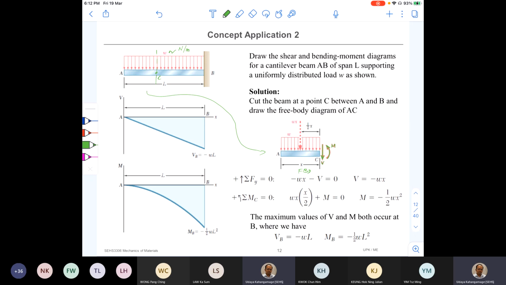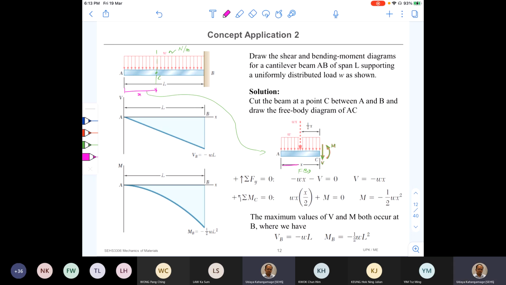Okay, so first thing we need to find out, let's say shear force V. So now, as you can remember in the tutorial class, I mentioned that when there's a distributed load, we are going to replace the distributed load with a concentrated load, equivalent concentrated load. So if the distance to C from A is X, right?